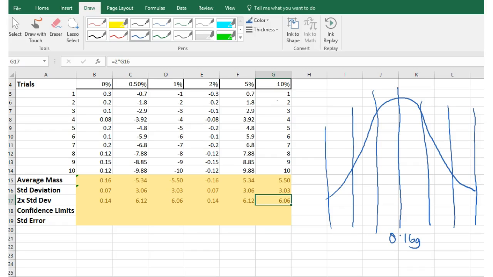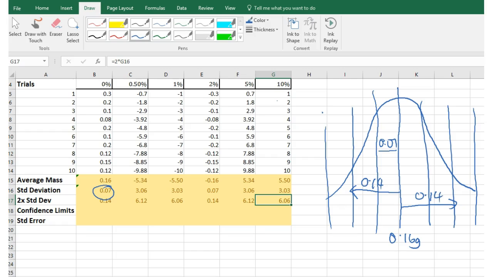Each one of these increments is worth, in the first one here, 0.07. And it's saying that 95% of my data will either be 0.14 grams below the average or 0.14 grams above the average.